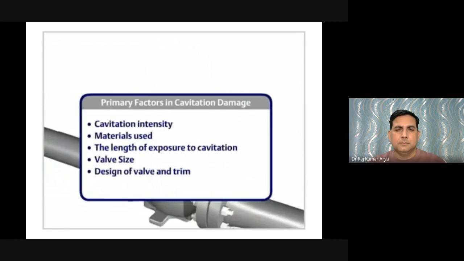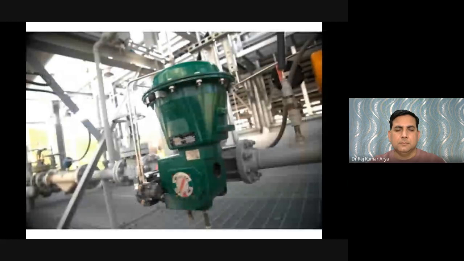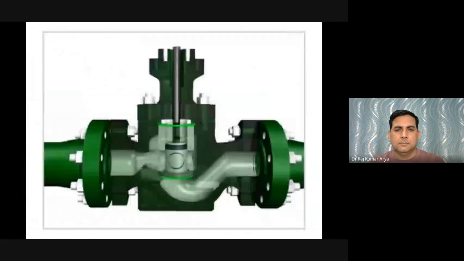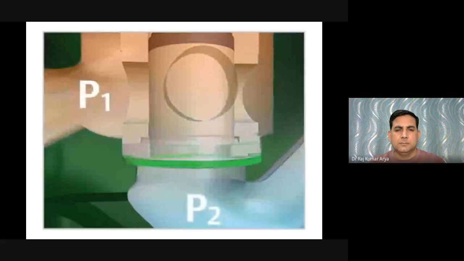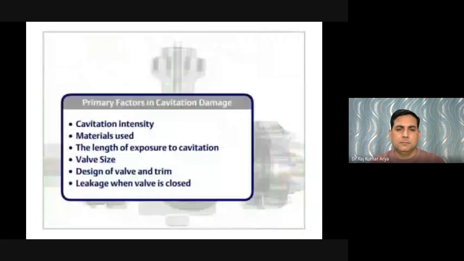High recovery ball and butterfly valves are more susceptible to cavitation damage. If there is leakage occurring when a valve is closed, fluid leakage moves fluid from a high pressure area to a low pressure area, which results in cavitation and potential damage. Cavitation damage can be reduced by altering or accommodating any of these factors.